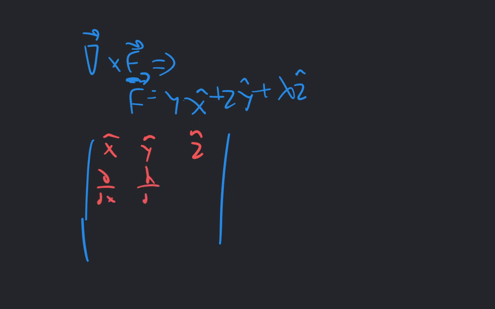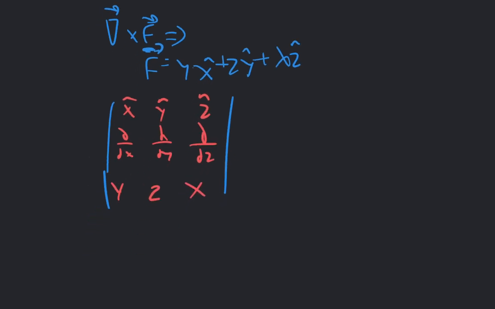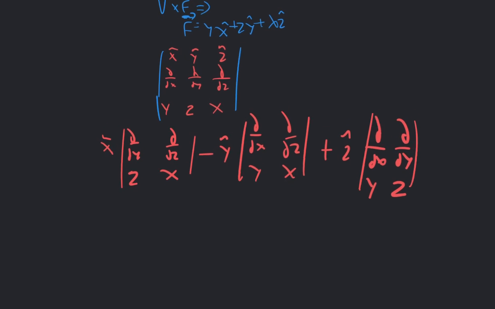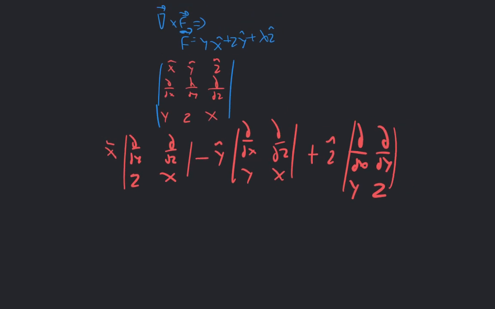Partial x, partial y, partial z, y, z, x. Okay, so this is the curl of f written out.